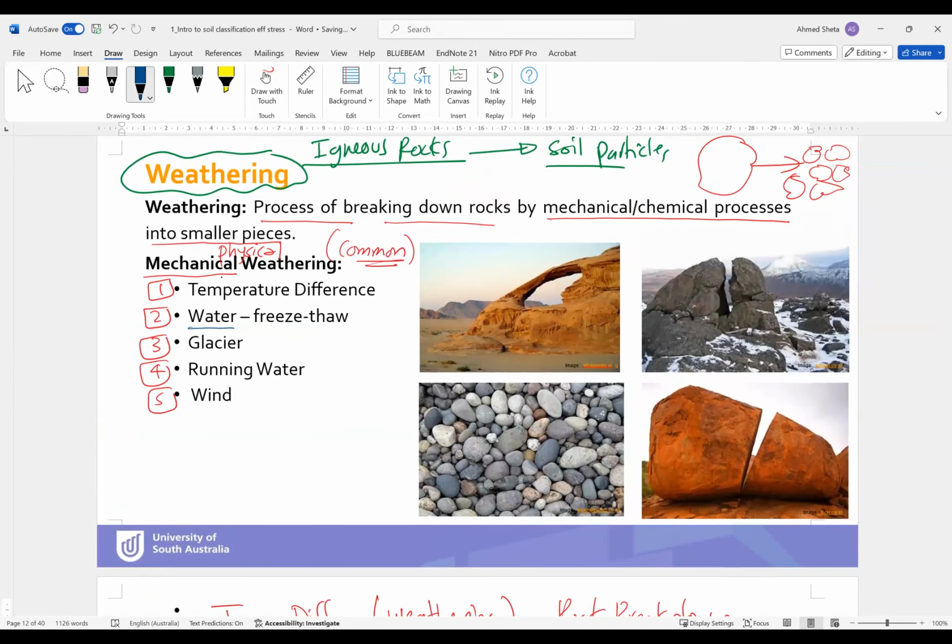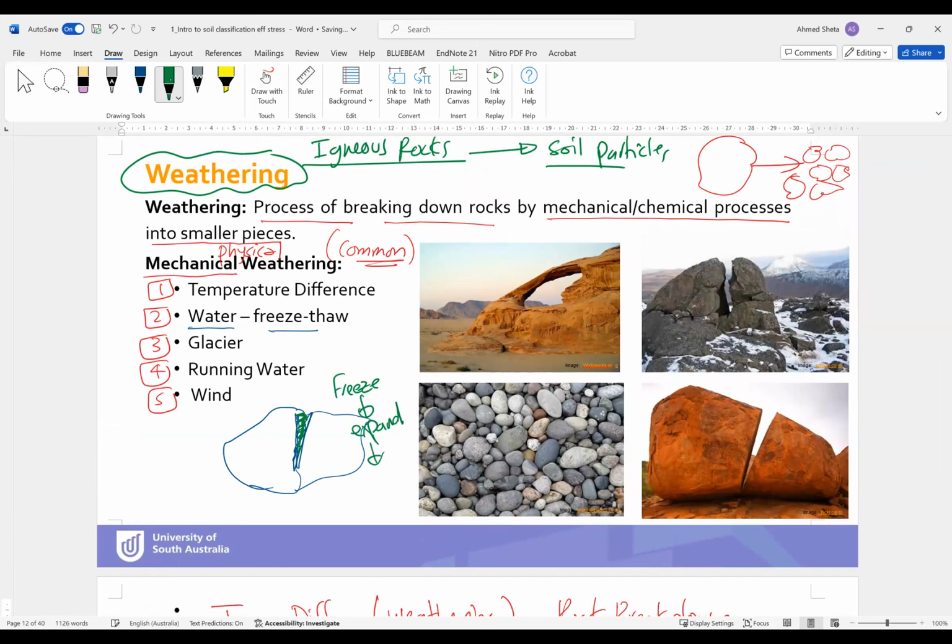The next one is water freeze thaw. What is meant by water freeze thaw? Again, here, if we have a rock and there are some cracks in the rocks, big rocks, the water gets into this area or this crack. Then due to low temperature, this water freezes. So when it freezes, it expands or its volume increases.